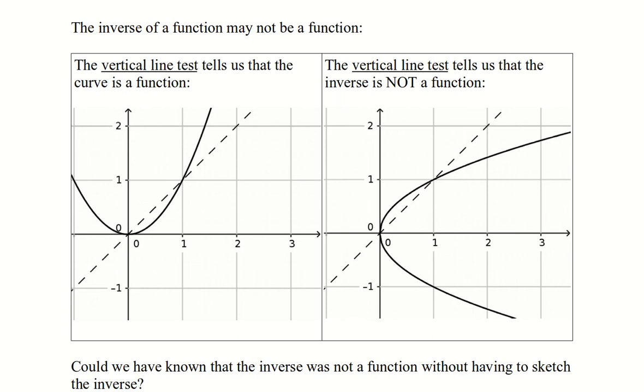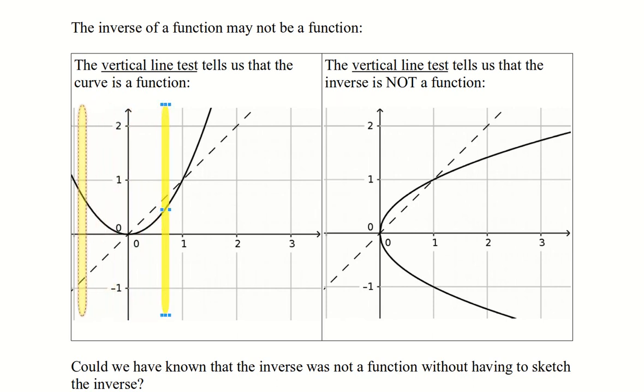So we're going to end section 3 with a question. And that is, how do we know when the inverse of a function is a function or not? Just because we have an inverse doesn't mean that it's going to be a function. Remember that the vertical line test tells us that this parabola is a function.